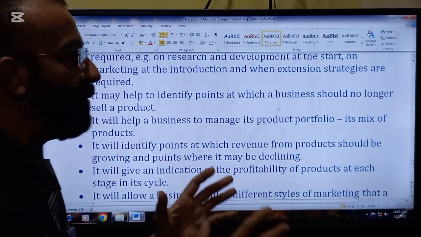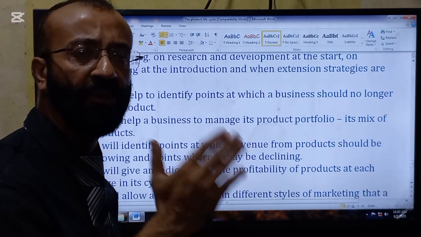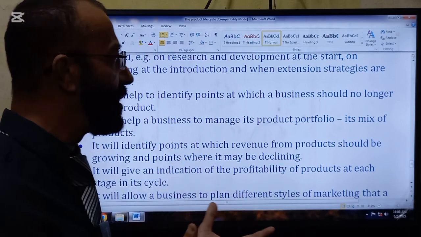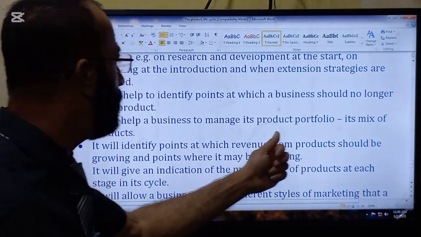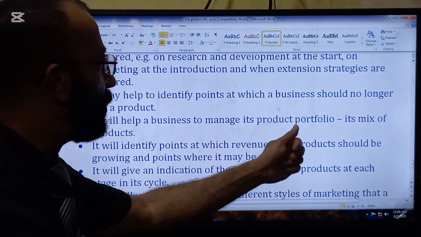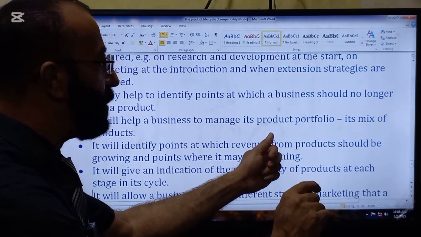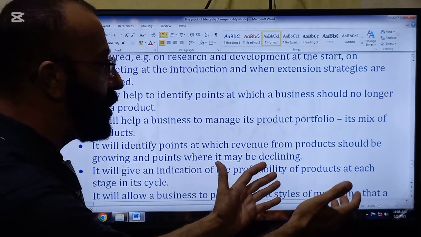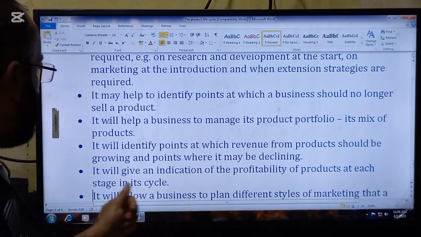So a company which is producing many products, for example, Nestle is producing chocolates and a lot of other products, that is called a product portfolio. So it will help a business to manage its product portfolio: which product should be in the market, which kind of publicity should be given to a particular product, and which product should be withdrawn from the market. So this is the point.